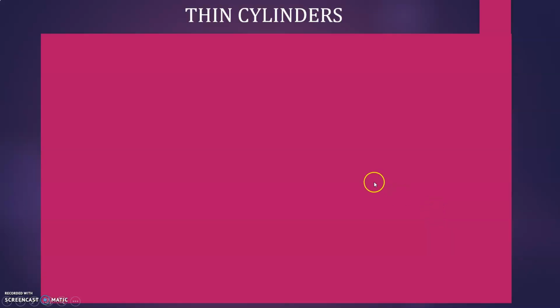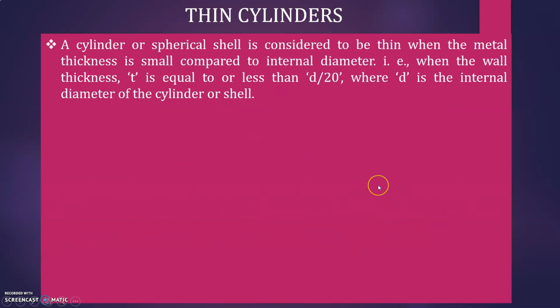Now we'll see what these cylinders are. A cylindrical vessel or shell may be thin or thick depending upon the thickness of the plate in relation to the internal diameter of the cylinder. A cylinder or a spherical shell is considered to be thin when the metal thickness is small compared to the internal diameter.